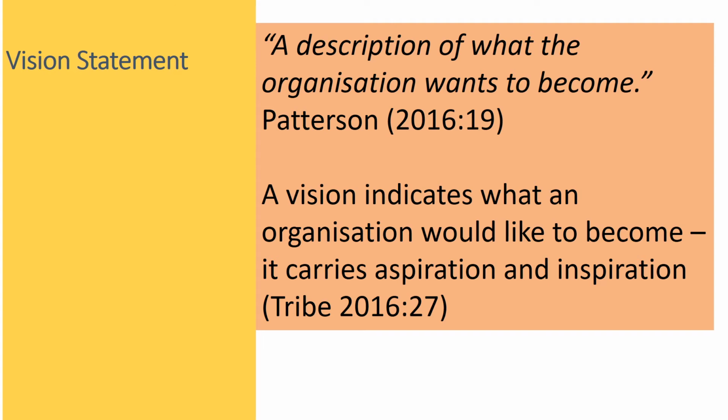Patterson, 2016: a vision indicates what an organization would like to become. It carries aspiration and inspiration. So you need to say to yourself, what is the vision and mission for the geographical location you're looking at? What exactly is it? Can you describe it?